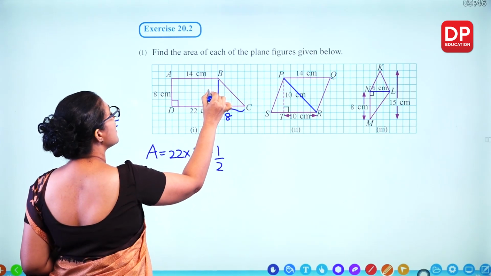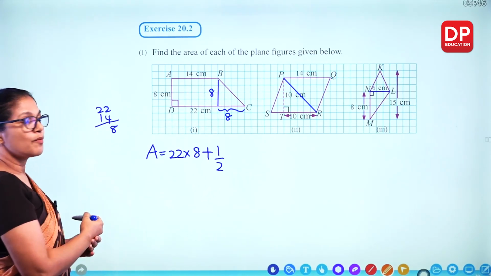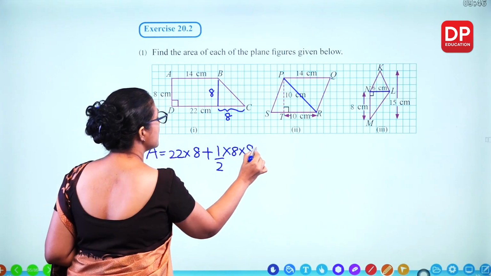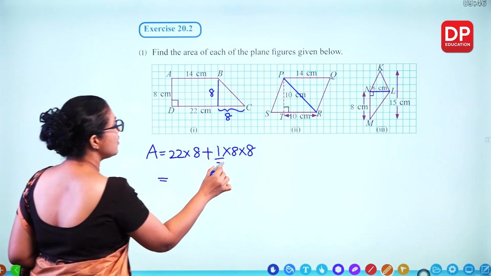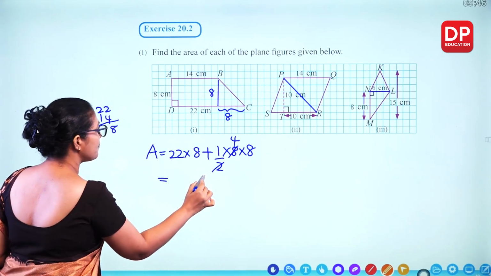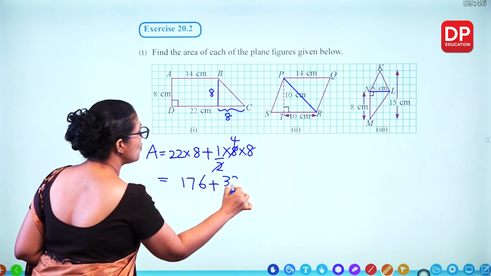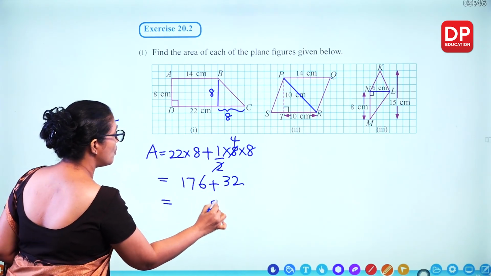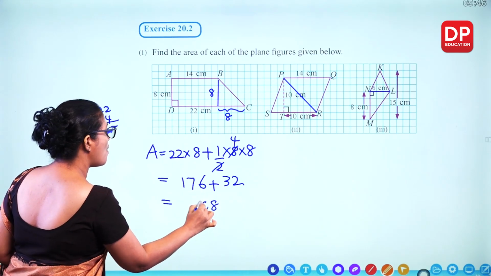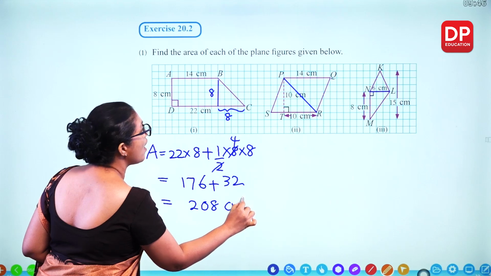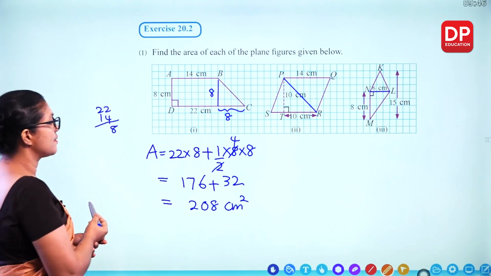And what's the height? Height is 8. So what's the area of the triangle? Half times 8 times 8. So when you simplify, you get 176 plus 32, 208 square centimeters.